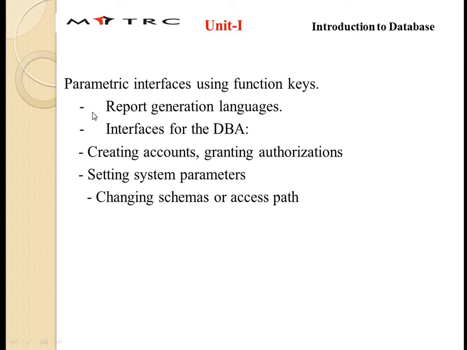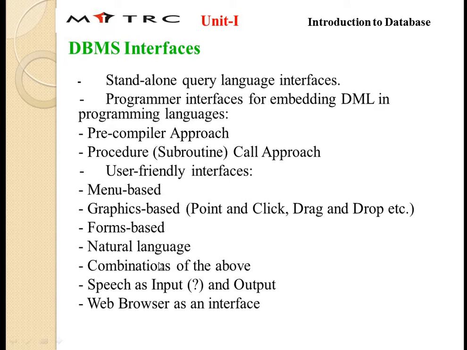Now, among the other points, we have parametric interfaces using function keys. This type of interface is needed for report generation and for interfaces for the DBA. It is also needed for creating accounts, granting authorization, setting parameters for the system, and changing the schema or the access path. So this is the basic utilization of DBMS interfaces.